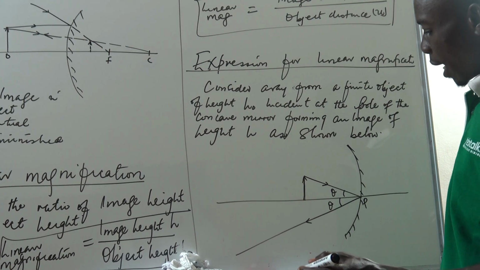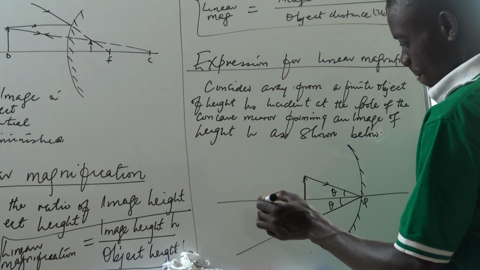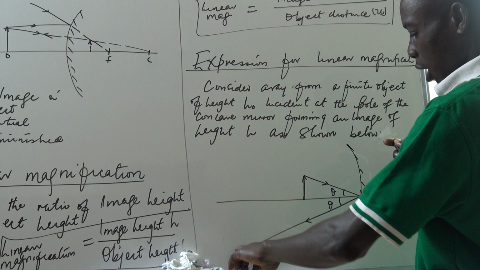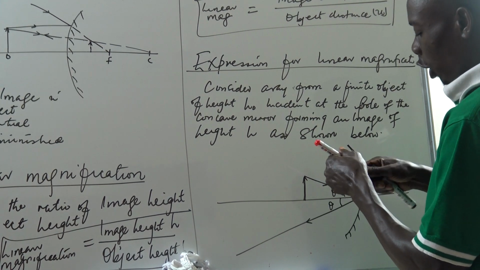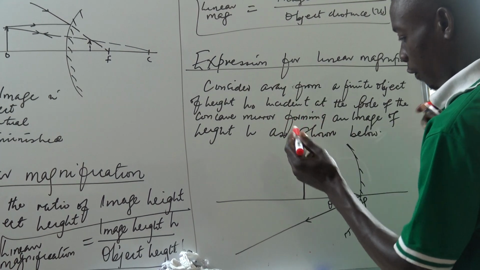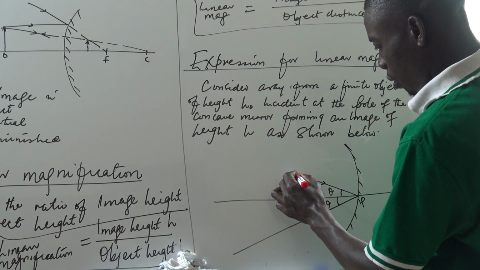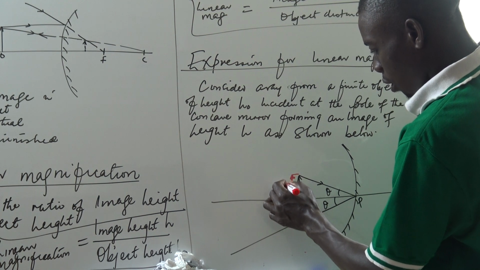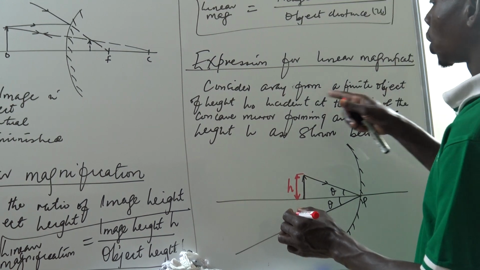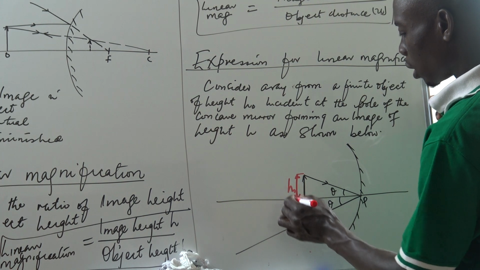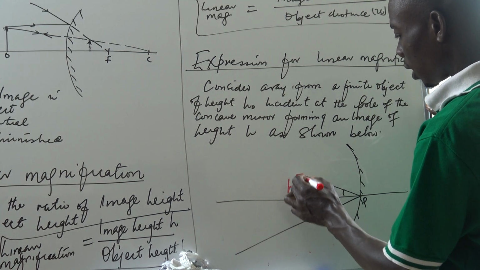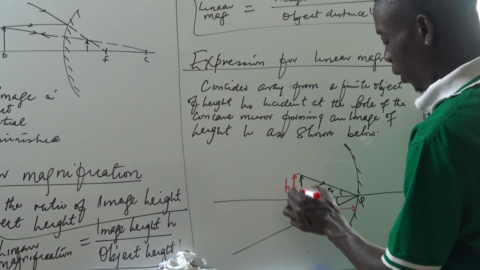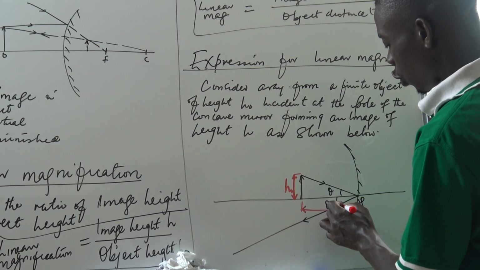And then if this is the height I'm talking about, h naught, and now this is the distance of the object, U.